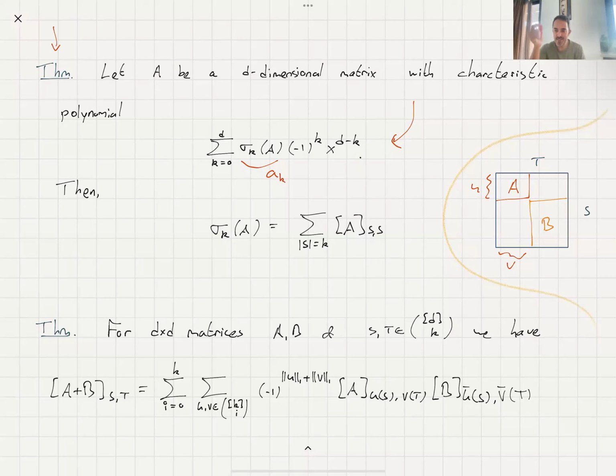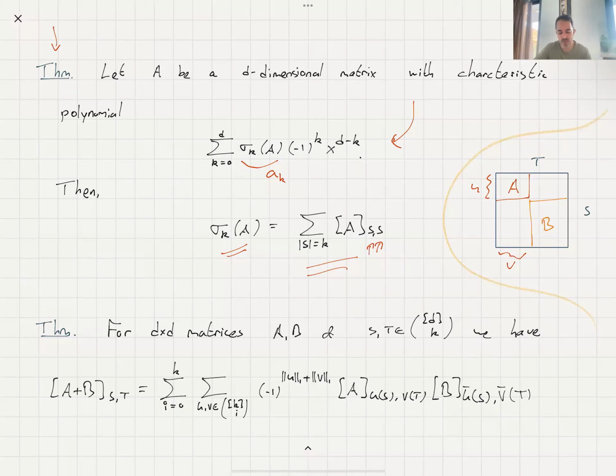Right? You can ask how should you interpret the coefficient of some power in the characteristic polynomial? Then this theorem tells you the answer to your question. It tells you that the corresponding coefficient is the sum of all minors, diagonal minors, S S, you see, of size K. And examples of that, at least the extreme cases.